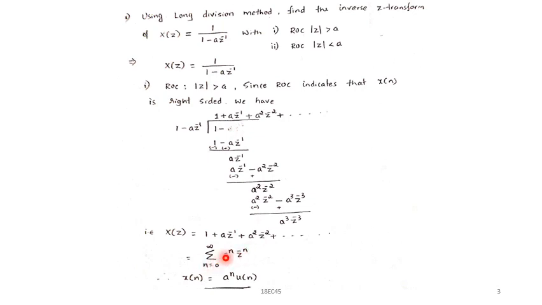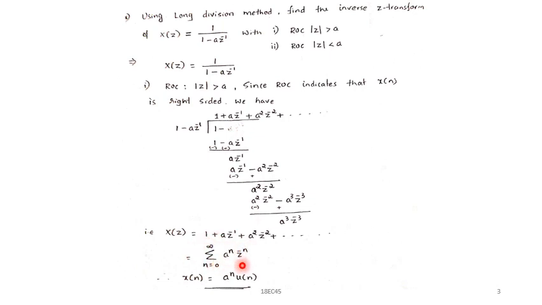If I put n is equal to 0, I'll get a to the power 0 z to the power 0, which is 1. If I put n is equal to 1, I'll get a into z inverse. If I put n is equal to 2, I'll get a squared into z to the power minus 2. And here, the limit is from 0 to infinity. So therefore, this is a right-sided sequence.